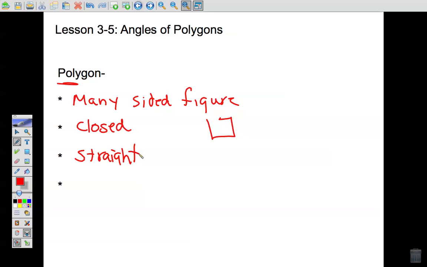So in other words, if I had something that looks like this, and all of a sudden a curved end to it, and then something like that, that would not work, because I don't have all straight sides. And lastly, the figure needs to be simple, and nothing complex. So in other words, I can't have any sides that cross, something like that. So a polygon, it's a many-sided figure, it's closed, it has straight sides, and it's a simple figure.